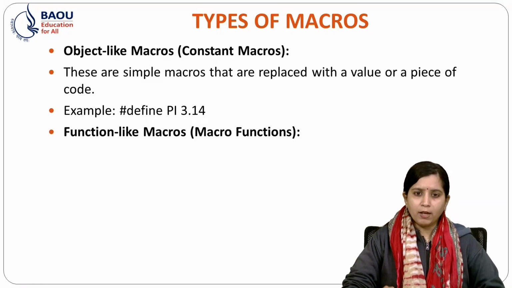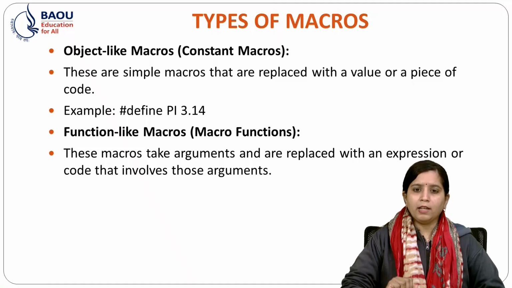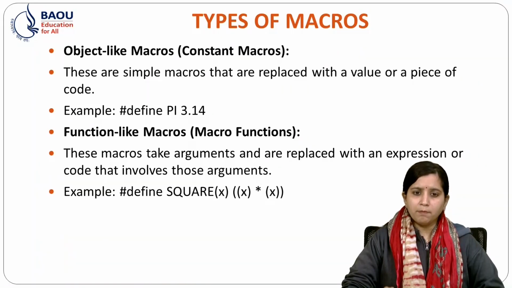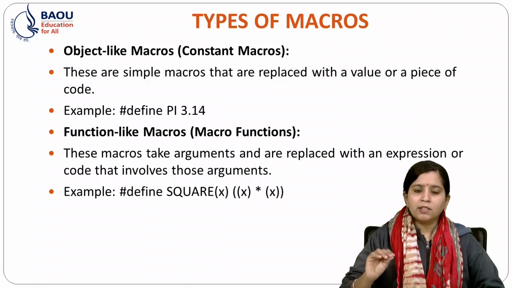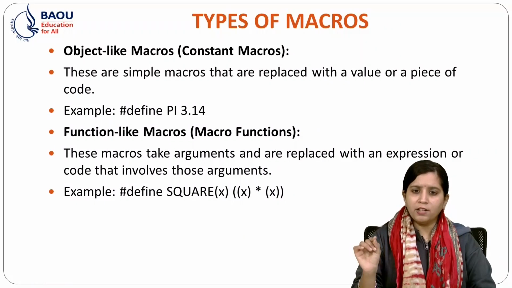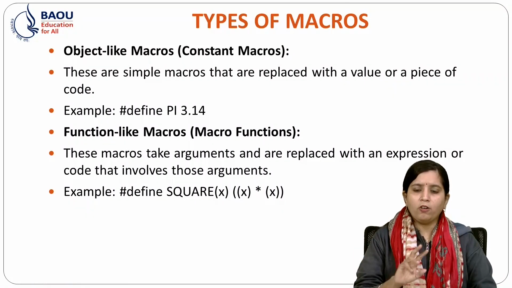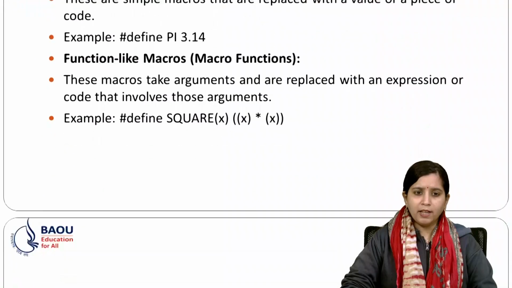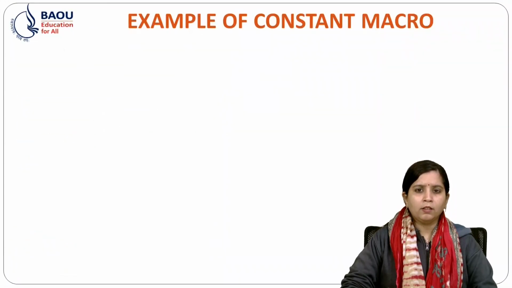And function-like macros take arguments and are replaced with an expression or code that involves those arguments. For example, hash define SQUARE(x). So this is a function in which I have x into x, that is the square of x. Let's see the example of both of these.